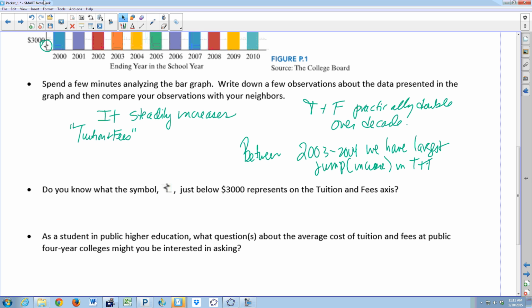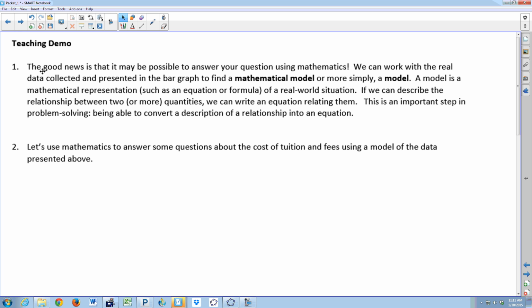All right. Dean, how about reading number 1 for the teaching demo? The good news is that it may be possible to answer your questions in mathematics. We work with real data collected, presented in the bar graph, or more simply, a model.